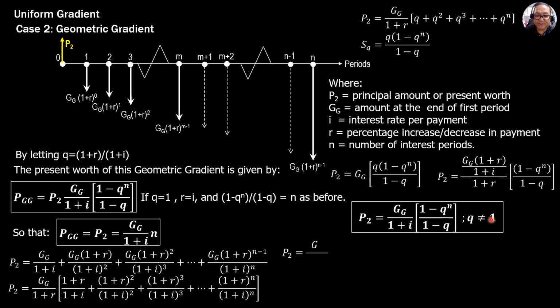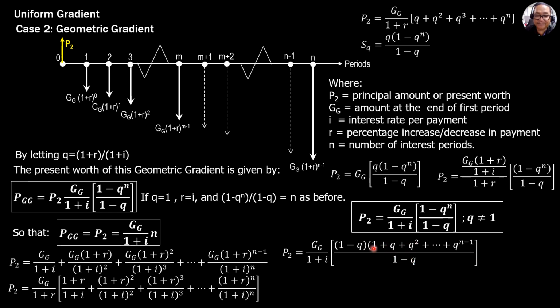Now, if Q is 1, we factor this, so G sub G over 1 plus I, then 1 minus Q to the n is 1 minus Q, quantity 1 plus Q plus Q squared plus dot dot dot Q to the n minus 1. Cancelling out 1 minus Q first, take note that when Q is equal to 1, all of these terms will be 1, and there are n of these 1 terms.